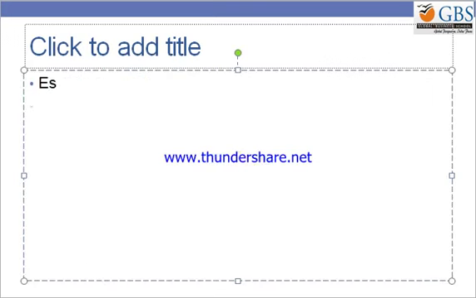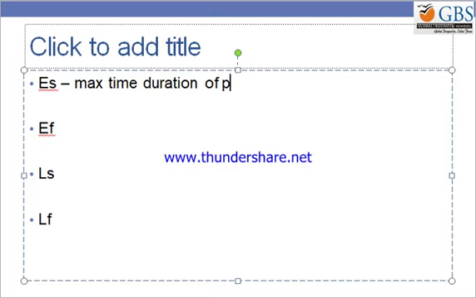Earliest start, earliest finish, latest start and latest finish. We need to calculate these. I repeat again: earliest start talks about the maximum time duration of previous activities, whereas earliest finish is very simple.